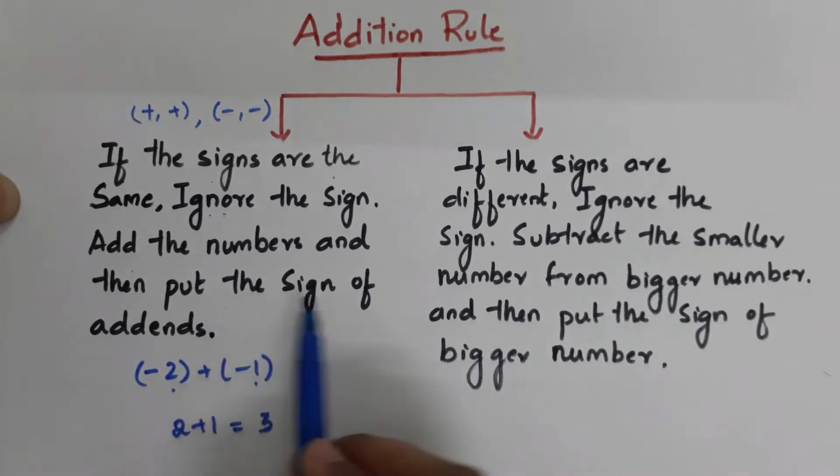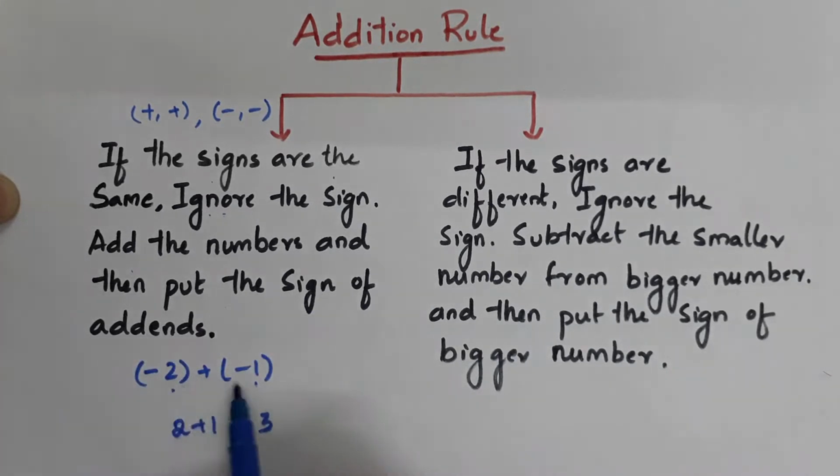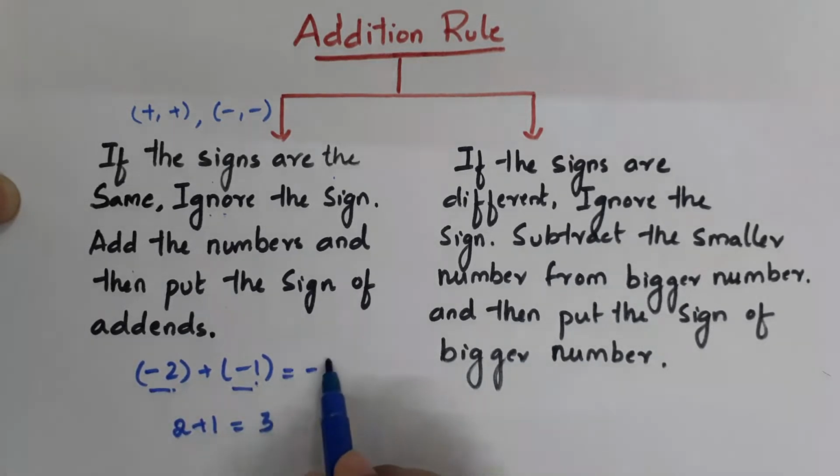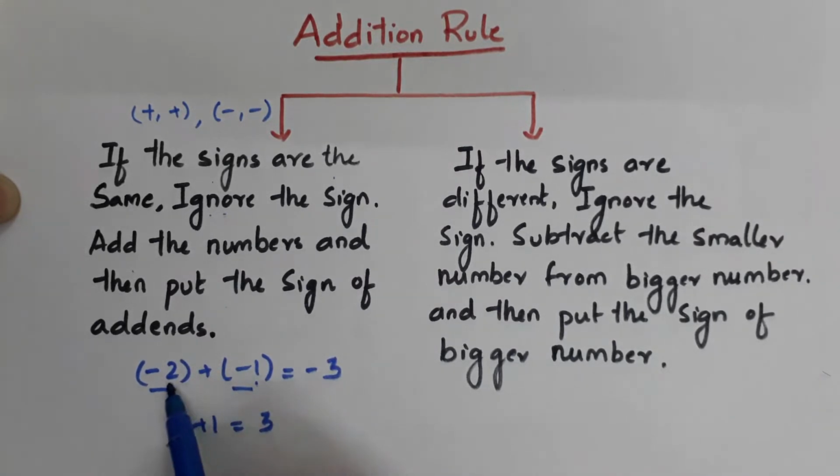Then put the sign of the addends. Both numbers have a minus sign, so my final answer will be -3. So -2 plus -1 is -3. Ignore the sign, simply add them, 2 plus 1 is 3, and then put back the minus sign.